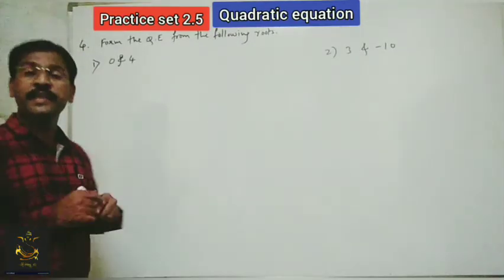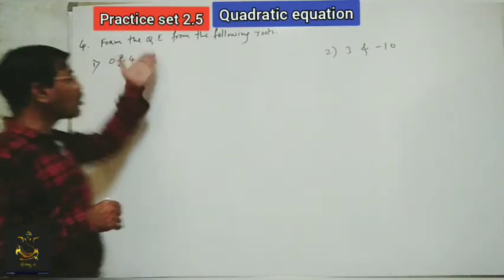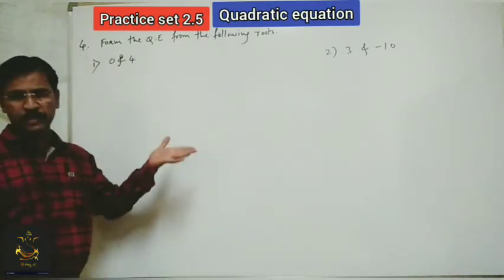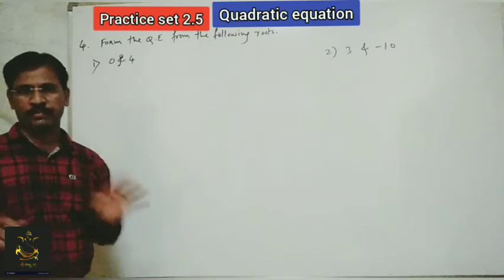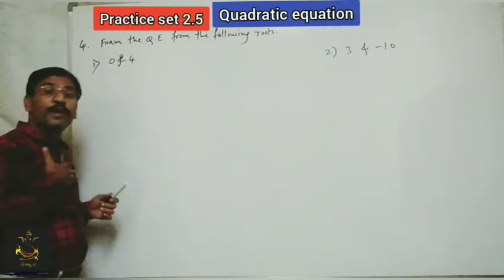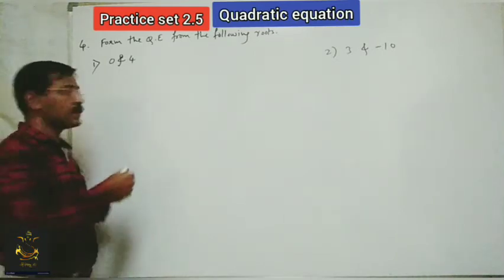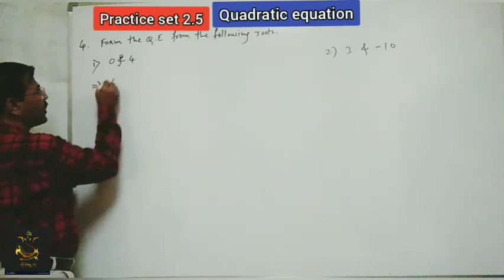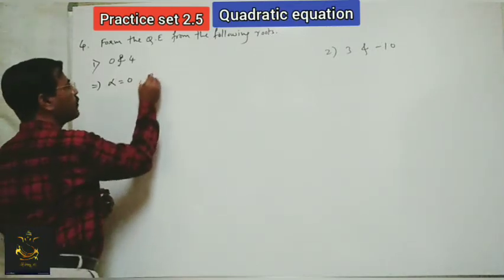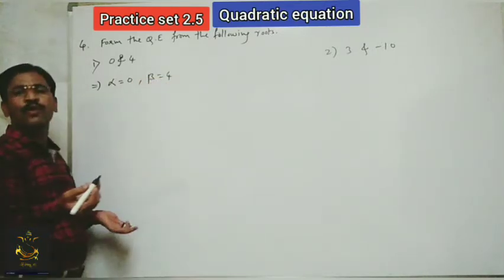See friends, in the fourth sum, form the quadratic equation from the following roots here. There are 4 examples. Here these are the first 2 sums. Look here. By using these 2 roots, we are going to form the quadratic equation. See first, it is very important. Alpha is first root, means 0. And what about beta? That is second root, 4.